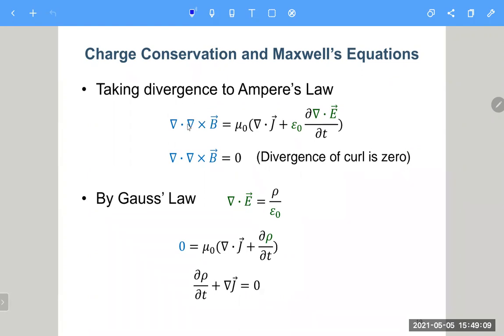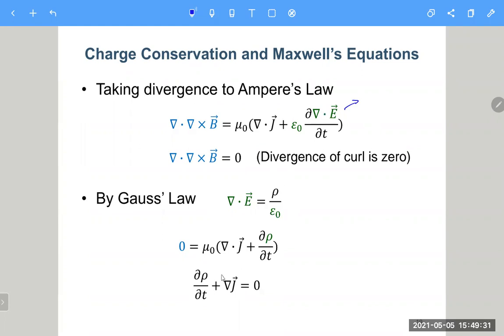This term is zero, and this one is the left-hand side of the Gauss theorem. Actually, the Gauss theorem is like this. So we can just plug this one into here.